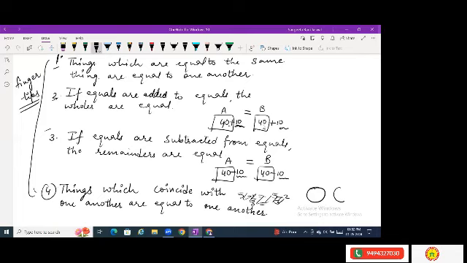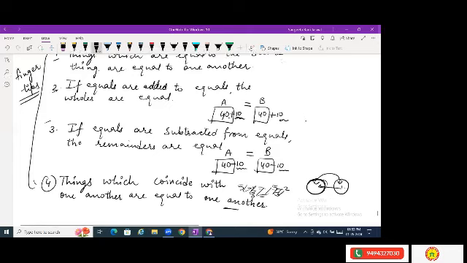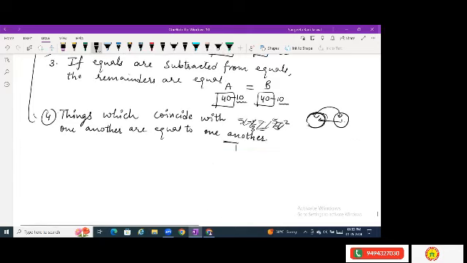I take one circle and keep the other on top of it. If this circle completely overlaps it like this, then I'll say that the circles are equal. Can I say that? Yes, ma'am. Of course, when they are overlapping each other and nothing remains extra or less, that means they are equal.